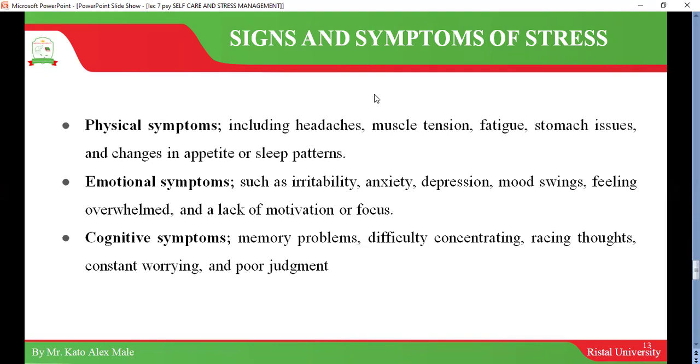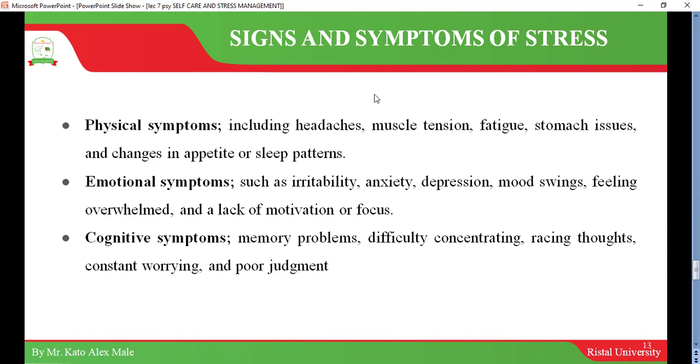Emotional symptoms, for example, irritability, anxiety, depression, and mood swings, feeling overwhelmed, and others. However, these individuals also lack motivation or focus, and there we shall know that they are actually stressed.